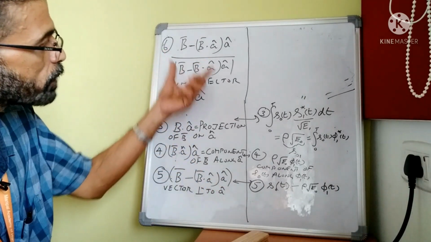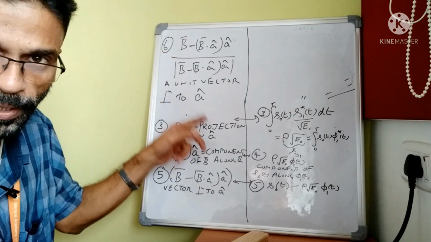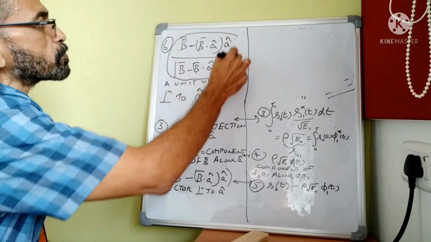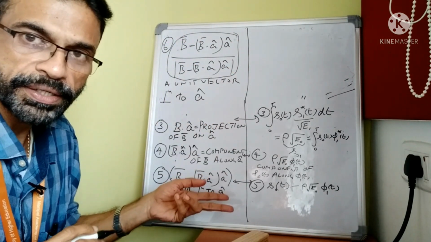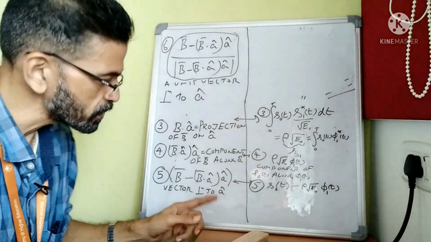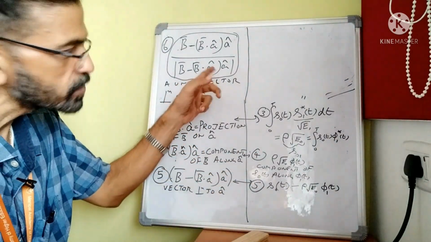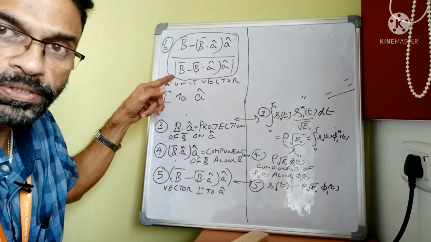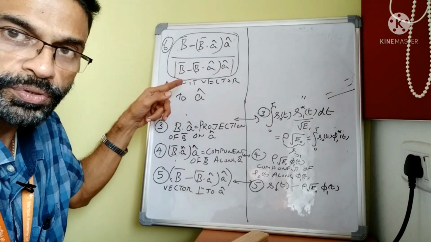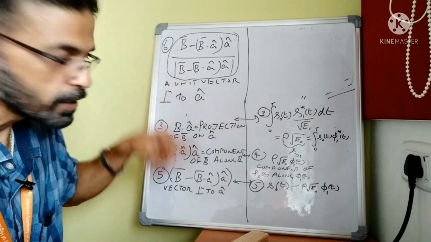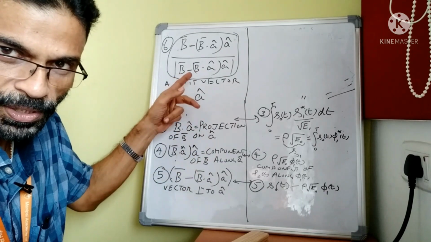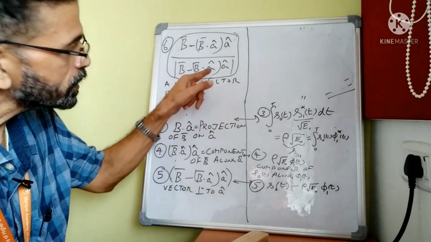If you divide it with its magnitude, you will get a unit vector perpendicular to A cap, and hence this forms our second entry into the basis set. The first one was A cap, the second one is this, and you can see that both of these, A cap as well as this, are of unit energy or unit magnitude, and they are orthogonal to each other. So these two are orthonormal to each other. They are orthonormal. So we have the first entry as this, the second entry as this.